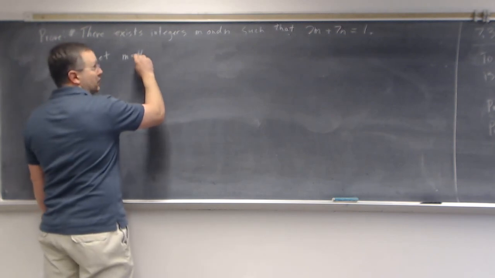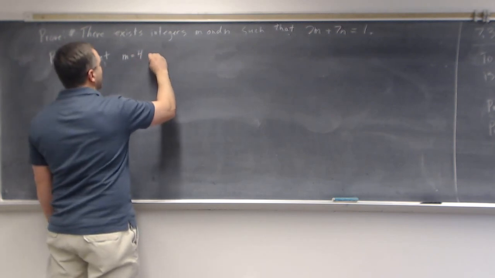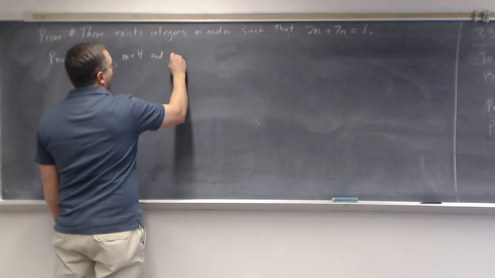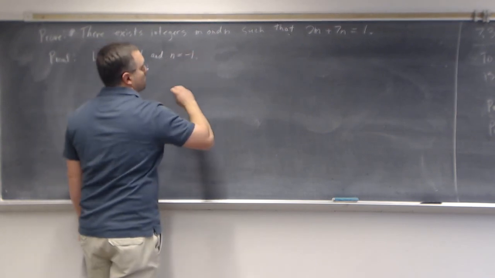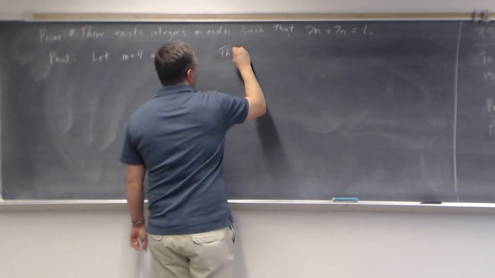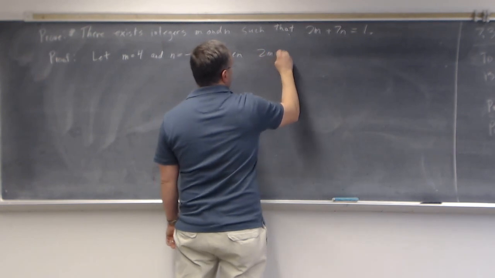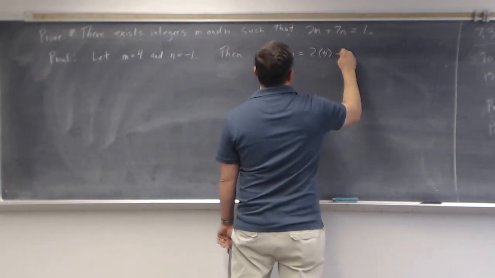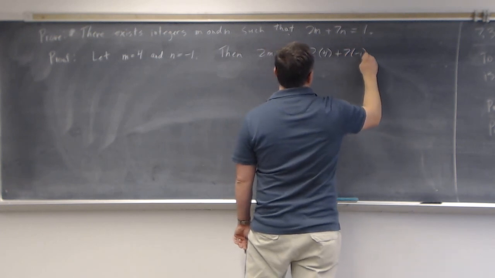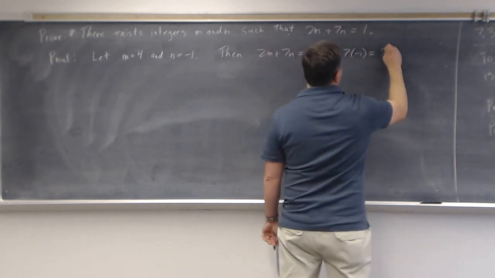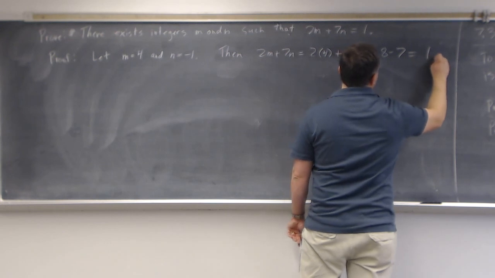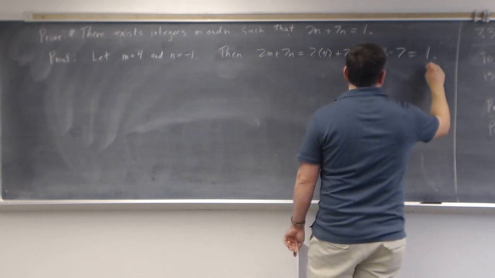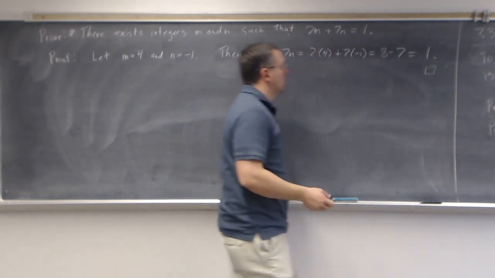So let m equal 4 and n equal -1. Then 2m plus 7n equals 2 times 4 plus 7 times -1 equals 8 minus 7 equals 1. Done.